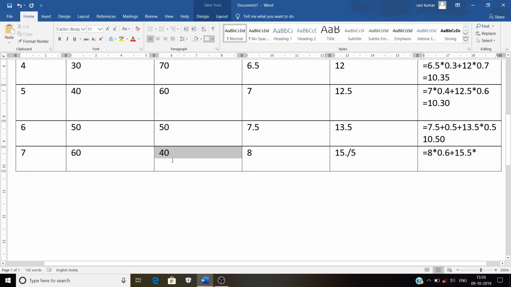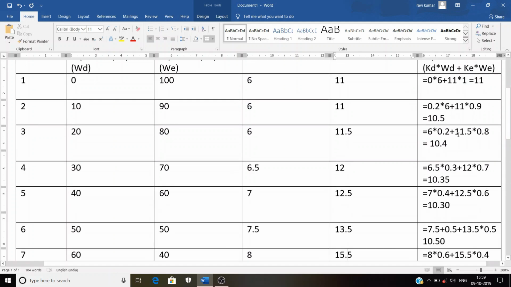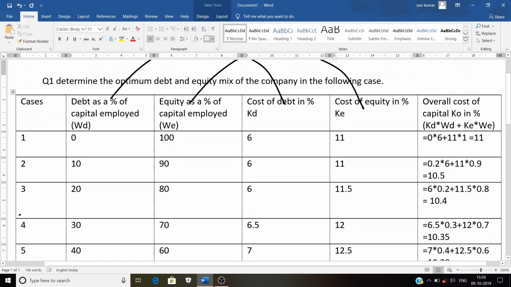As you can see here, this is weight of equity. So solve it, 0.4, and when you solve this, you will get 11 as the answer. So as you can see in these cases, in case 1, our overall cost of capital is 11 or 11%.